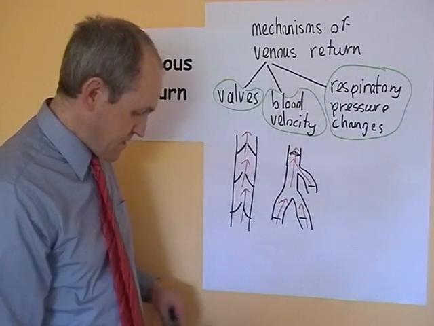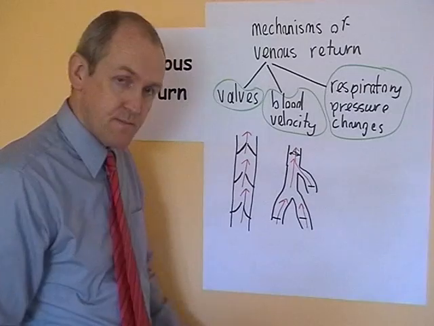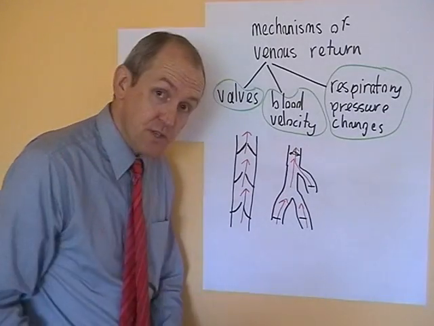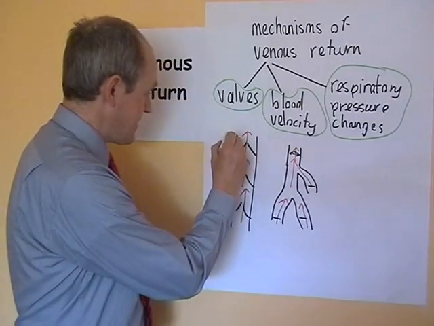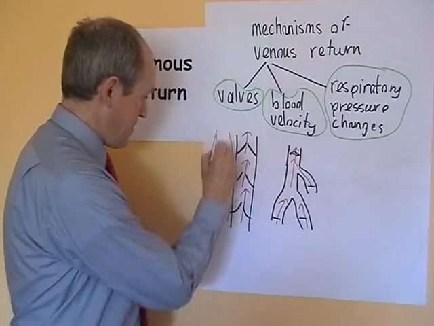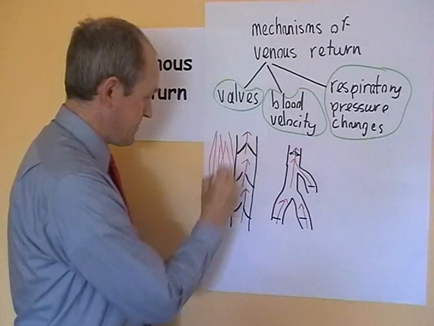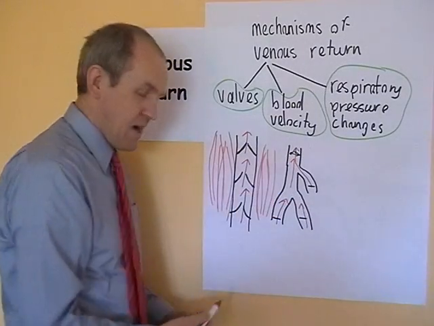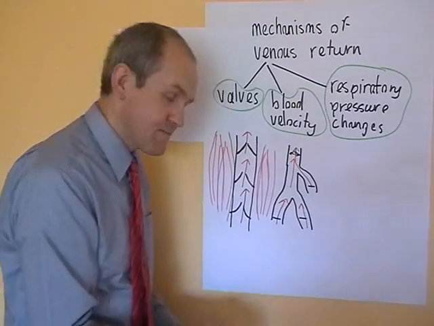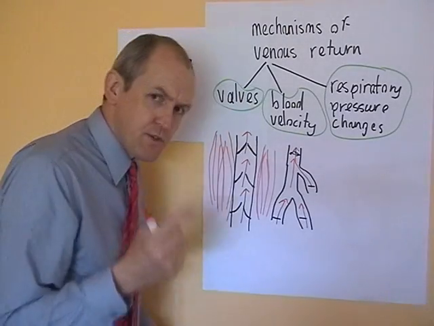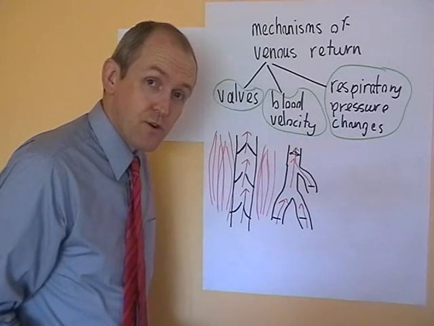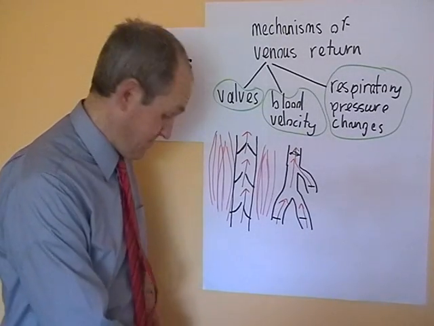Now there are some veins which are inside muscles. These are called deep veins, deep inside the muscles of the leg. So these veins are actually inside muscles. And when the muscle contracts, what does a muscle do when it contracts? Well, of course, it gets shorter.